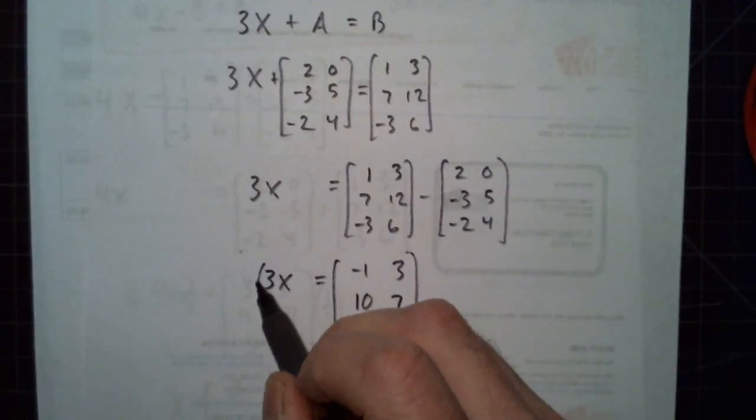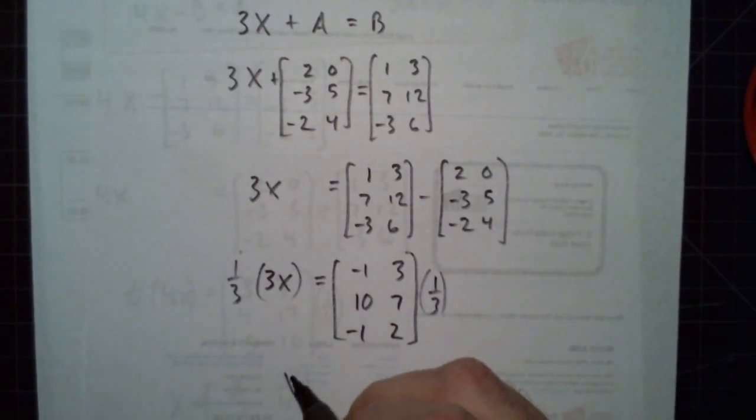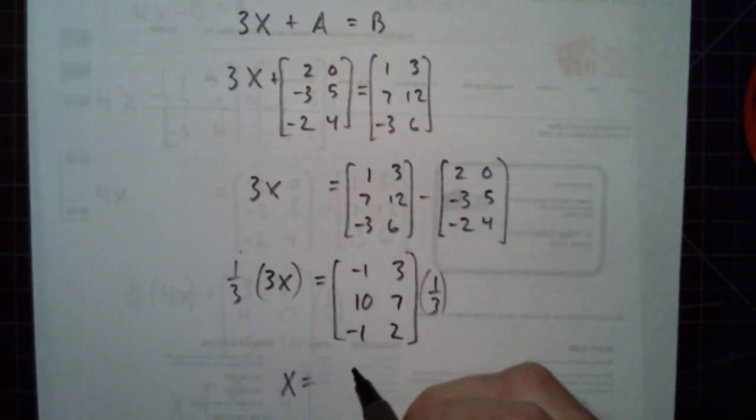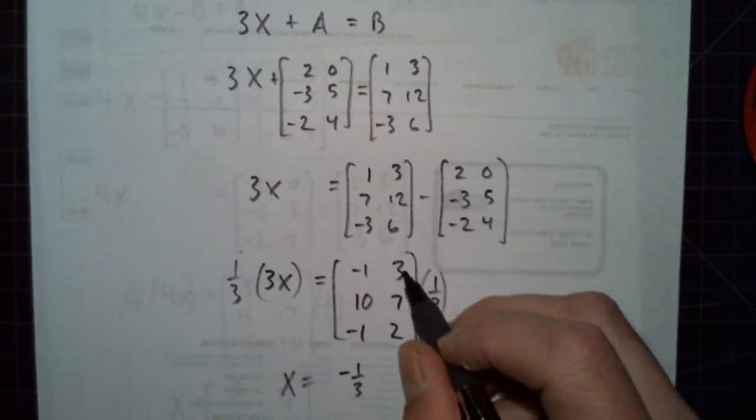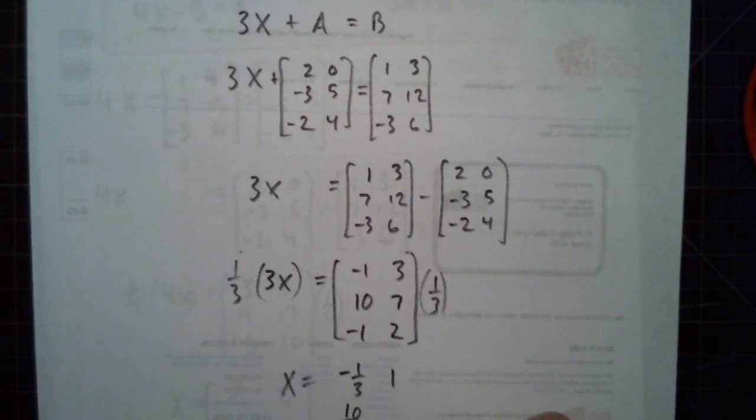We want x by itself, so we're going to multiply by 1/3. And we'll have negative 1/3, 3 times 1/3, 10 times 1/3.